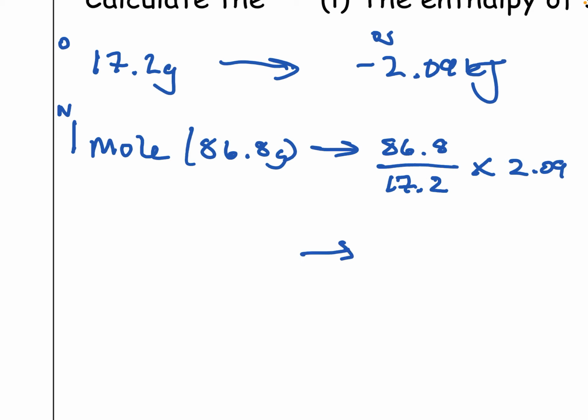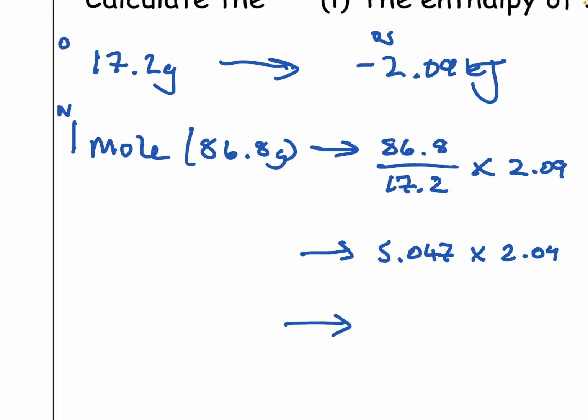And when we put this into the calculator, we end up with 5.047 times that 2.09. Remember, you want to try to do that first if you're using an older style calculator, just that you're not messing up the order of your calculation.